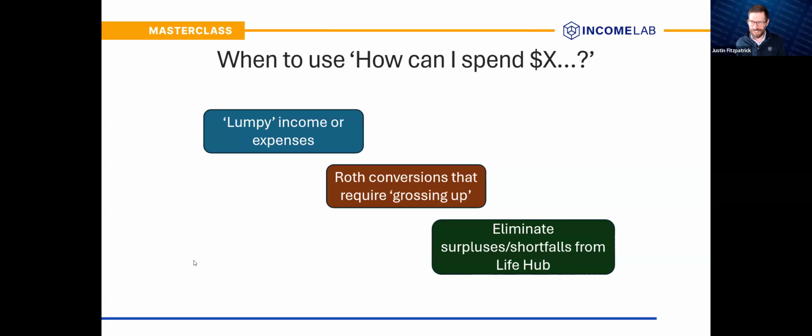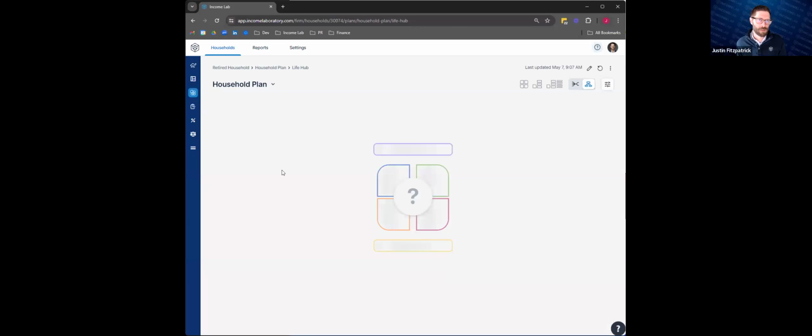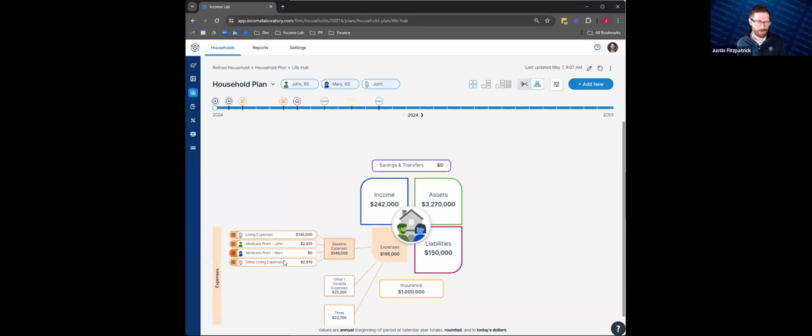So kind of the engineer type client, because in LifeHub, if you're doing a how much can I spend plan, the baseline expenses that you have are not defining how much you will spend. This is just a way to list some stuff in a plan. When you're asking how much can I spend, the software is answering the question, how much can you spend? So in this case is a good example.